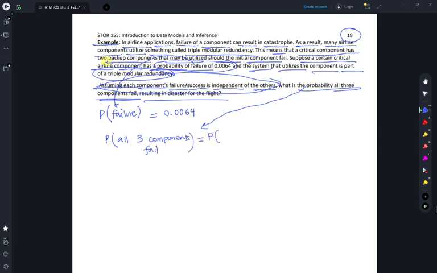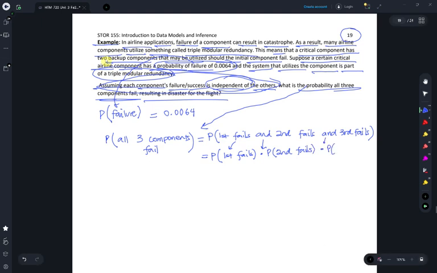This is interpreted as the probability that the first fails and the second also fails and the third also fails. Since the components are independent, we can use the multiplication rule, taking the probability that the first one fails, multiplied by the probability that the second one fails, multiplied by the probability that the third one fails.